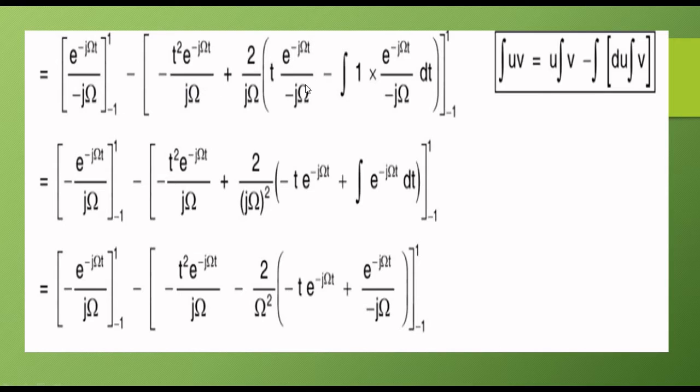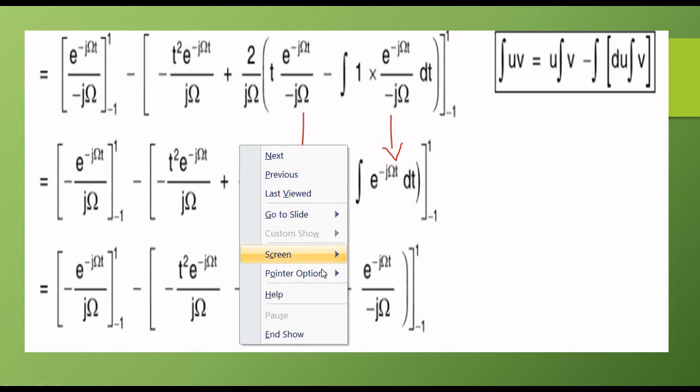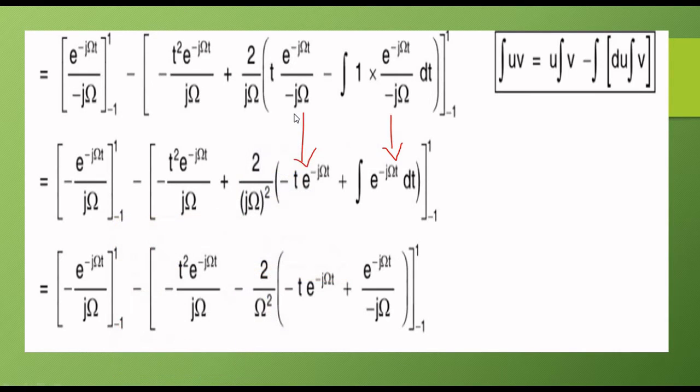So this is the previous step we have seen, and this is actually resolved here. And if you can see here, the first term remains the same, second term remains the same. Just look at the third term and the fourth term alone. So this is your third term. So 2 by j omega is here.